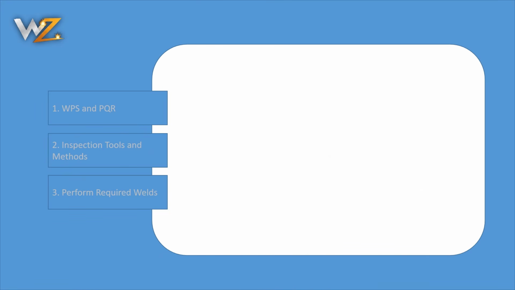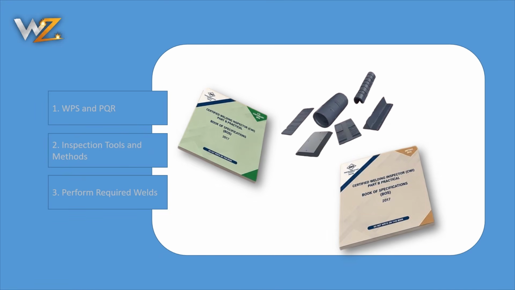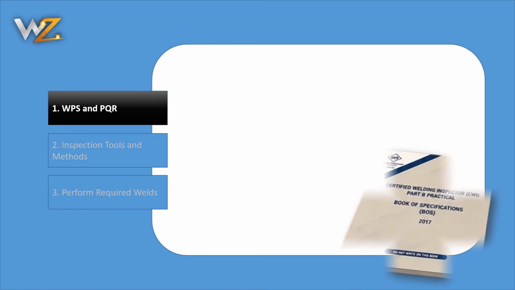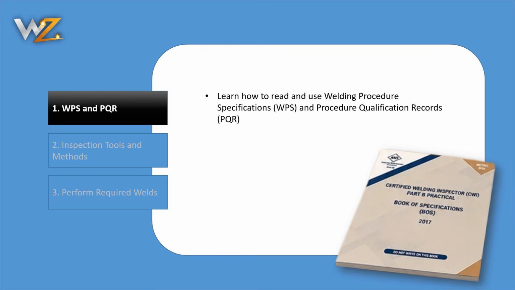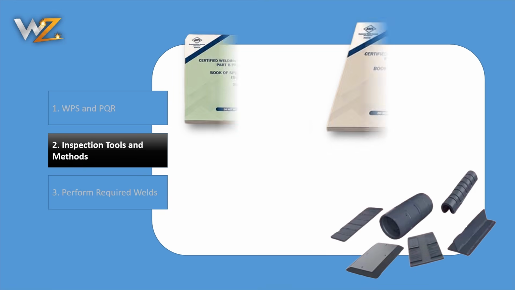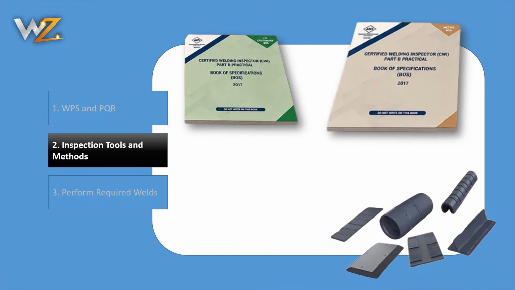You will mainly need to know 3 things. 1. WPS and PQR. Learn how to read and use welding procedure specifications and procedure qualification records. You may need to check whether the welding work follows the correct procedures. 2. Inspection tools and methods.